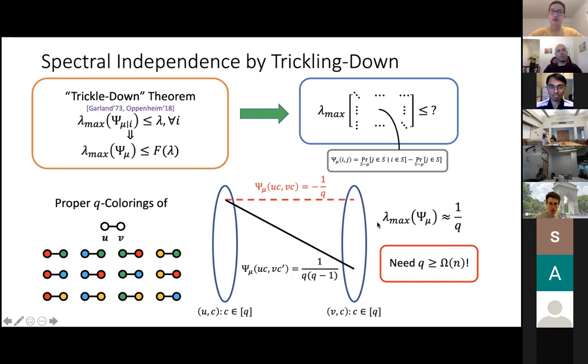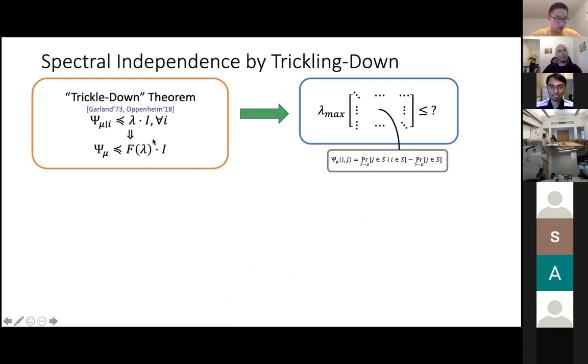To state it, let me first rephrase things slightly. Here I've phrased it as a bound on the maximum eigenvalue of these influence matrices. You can think of this equivalently as a spectral bound in the PSD order on these matrices, by a multiple of the identity, where you scale it by this lambda parameter.